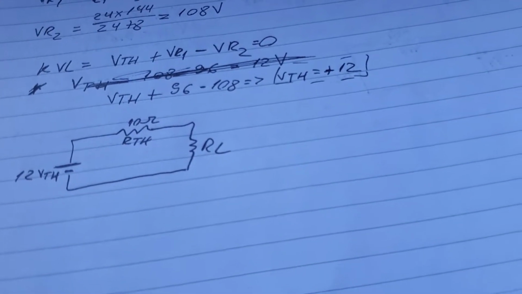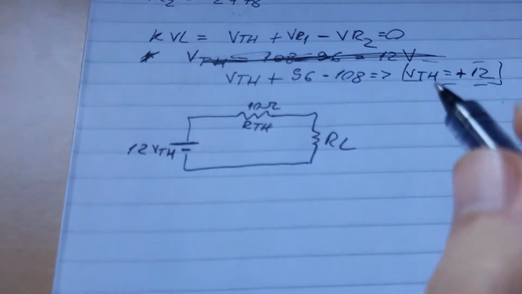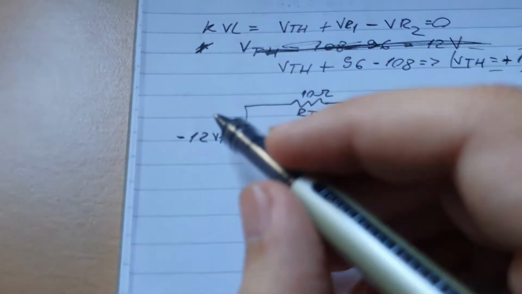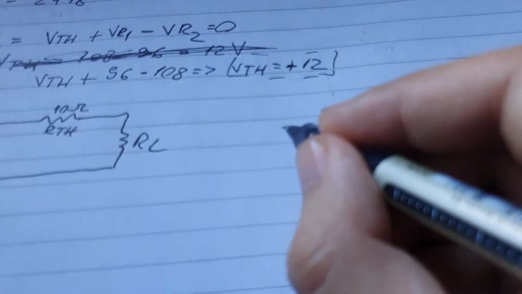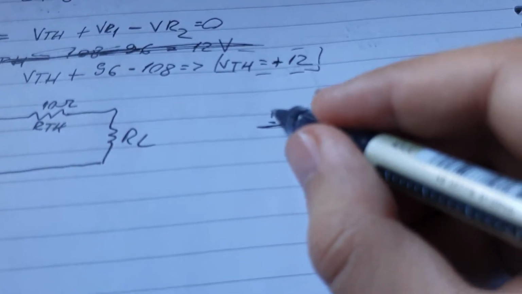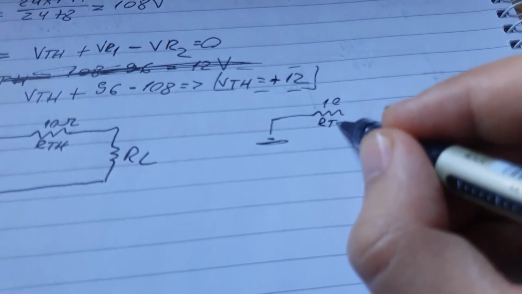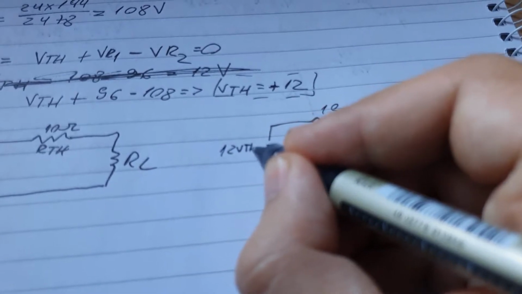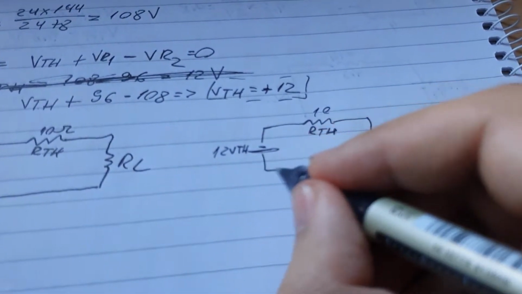I got a negative value, and I wanted to show you because you can't do this and then write minus 12 volts in here. You'll have to reverse the source. So if VTH was negative, then the schematic will be something like 10 ohms RTH, and then that would be 12 V VTH, and then this will be RL here.